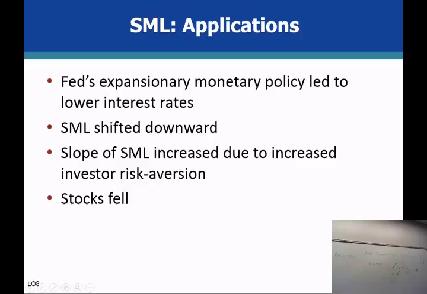The Board of Governors is the public piece, and then the private piece is the Board of Directors and Presidents of the 12 regional banks. What are the checks and balances? They are appointed by the President and confirmed by the Senate.